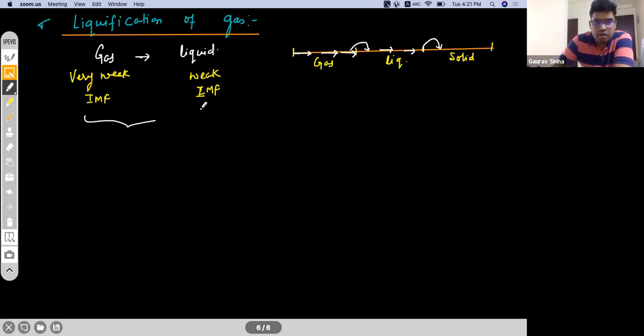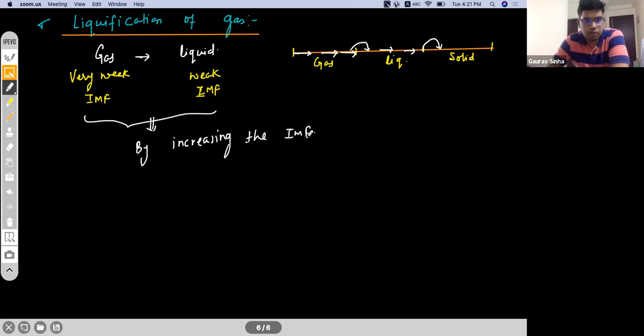Now this we can achieve by increasing the intermolecular force. I hope all of you agree with me on this, right? So what do we need to do to increase the intermolecular force?